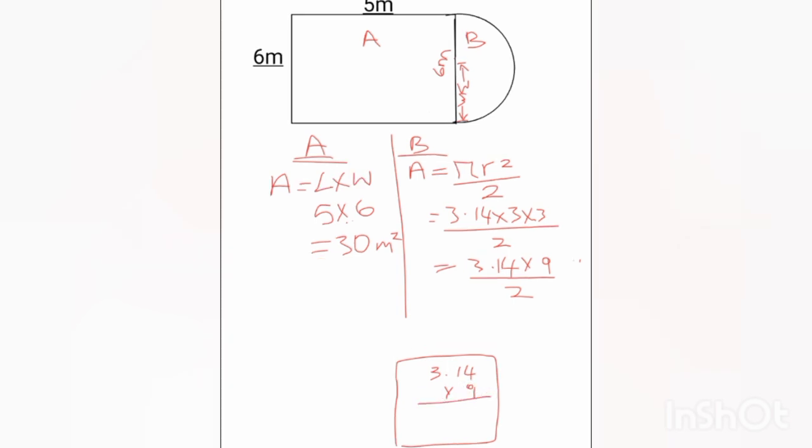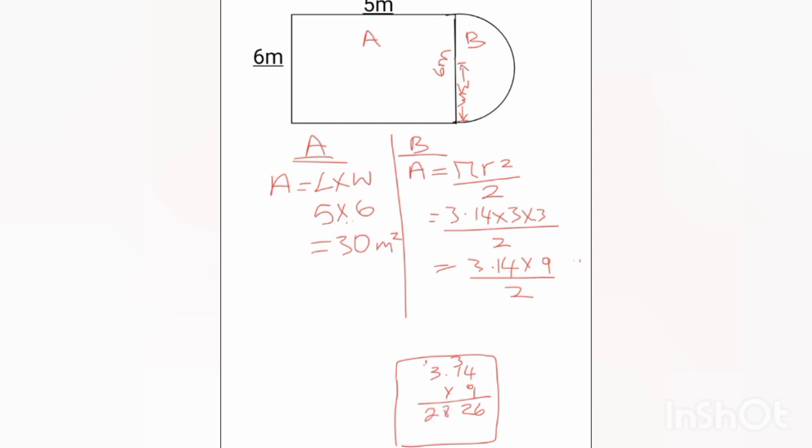Now 4 9s are 36. So we write down 6 there, and carry our 3 to the next column. 9 1s are 9, plus 3 is 12. So we write down 2 and bring the 1 to the next column. 9 3s are 27, plus 1 is 28.